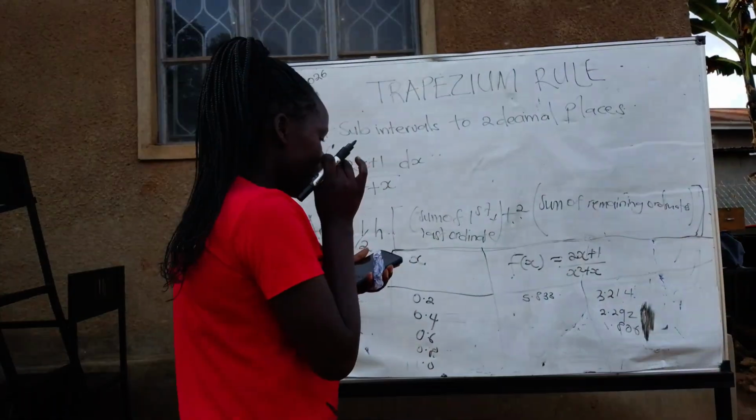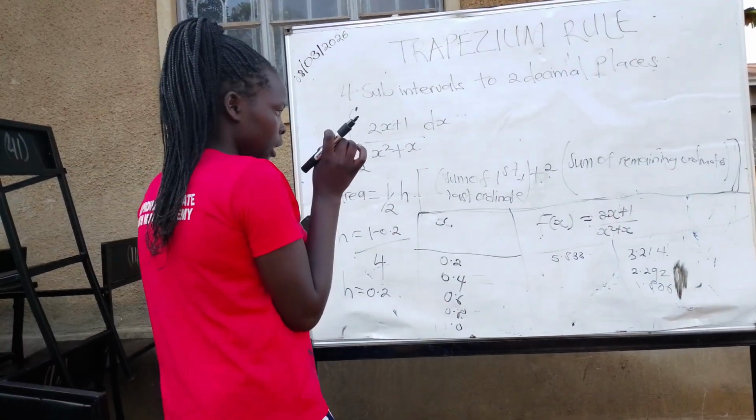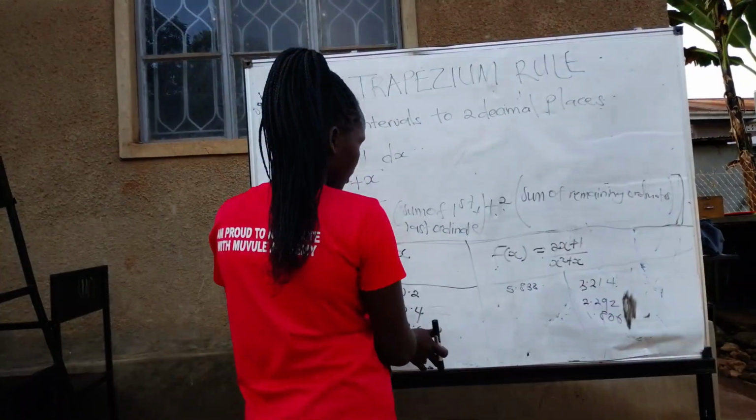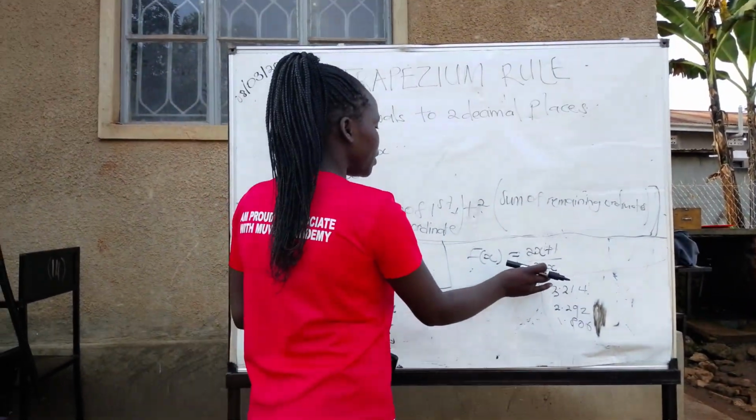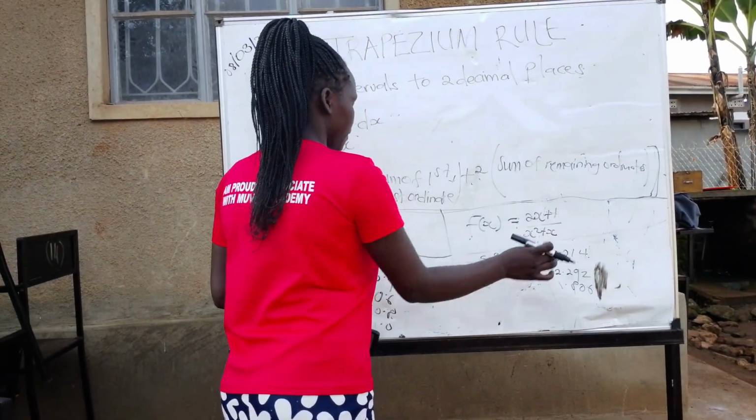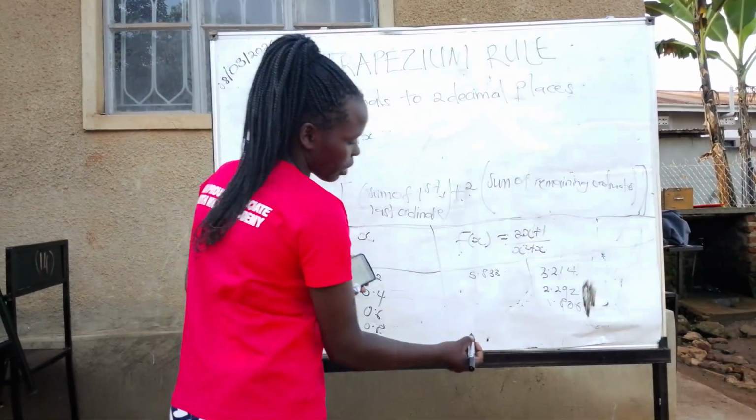And the last one is (2 times 1.0 plus 1) over (1.0 squared plus 1.0), which is 1.5.